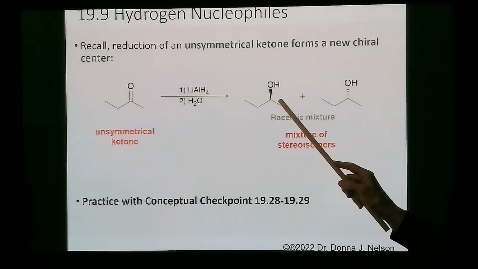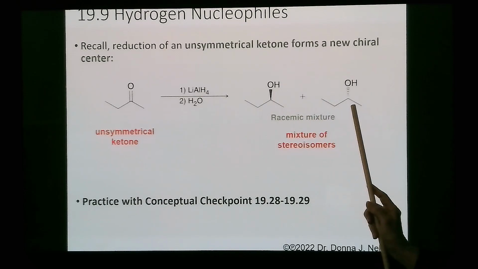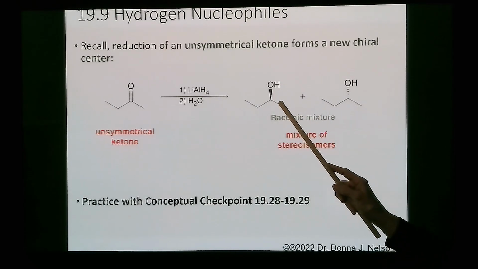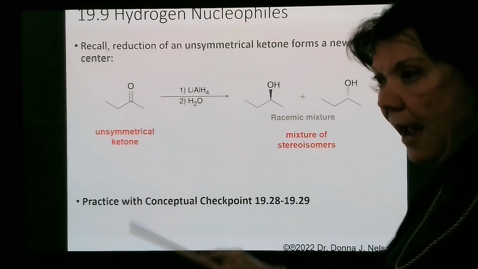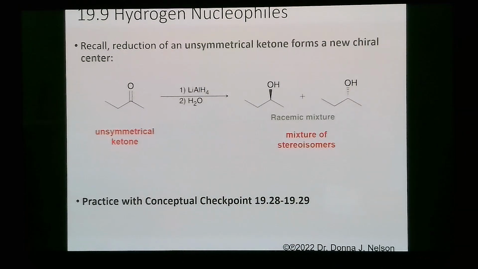And so the product will be a racemic mixture because you will have an equal probability of H- entering from the front or the back because the molecule is symmetrical. So that takes care of the additional types of nucleophiles, and this then ends the third lecture for this chapter.